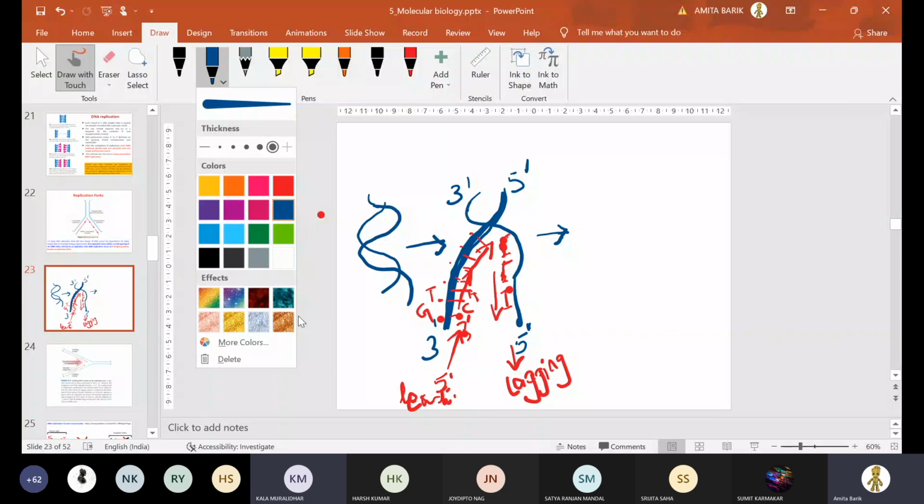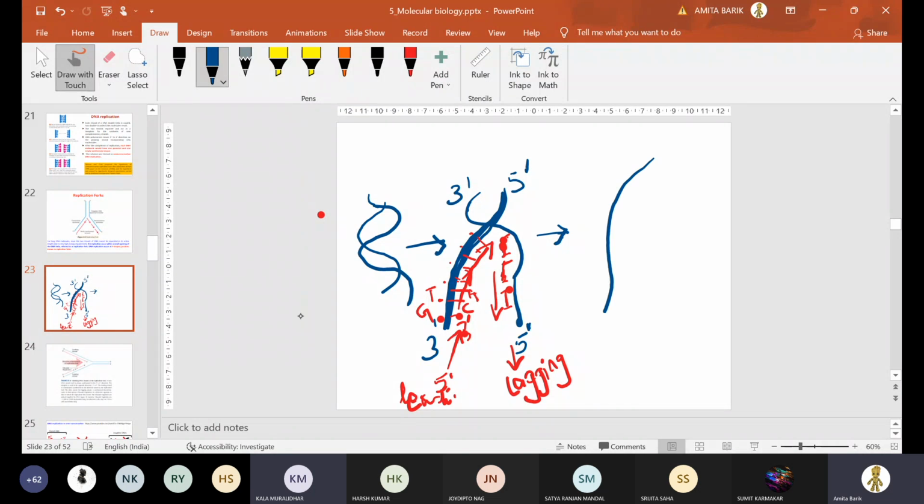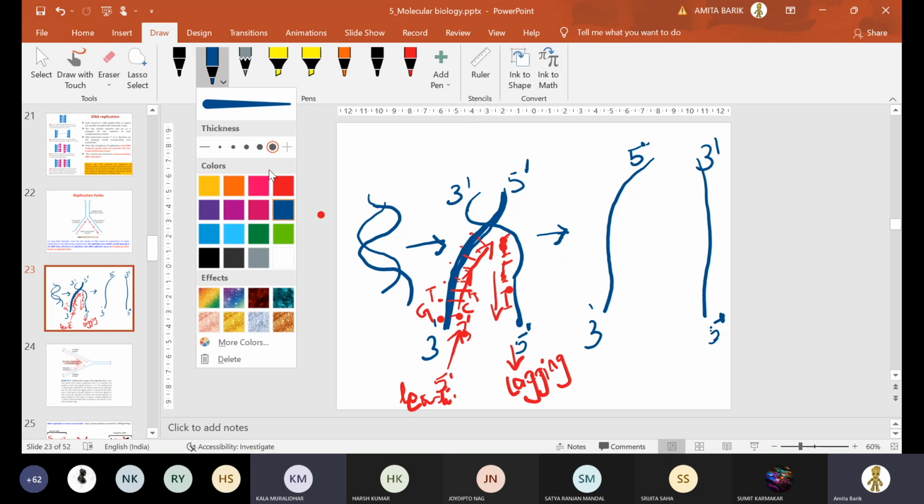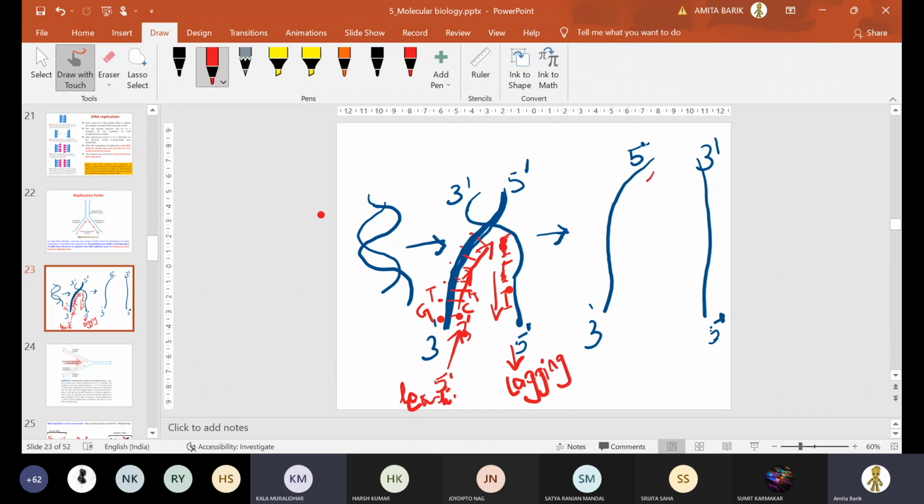this replication. So this is the 5' prime, 3' prime, that is being formed 5' to 3', the parents, and then we have the 3' to 5', and the daughter strands are actually having this way, this way.